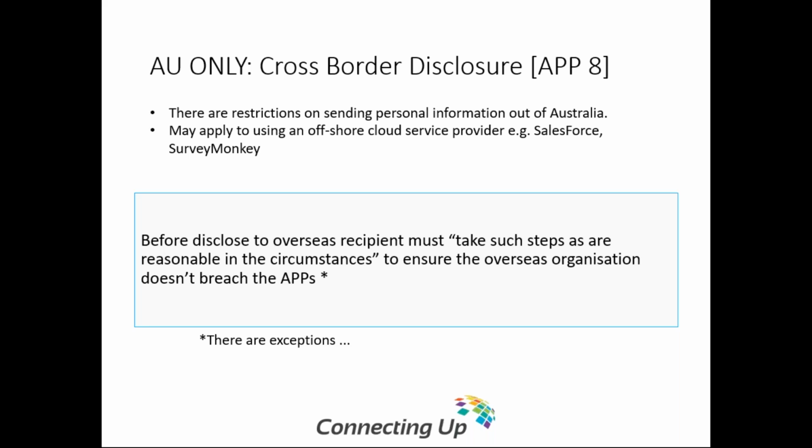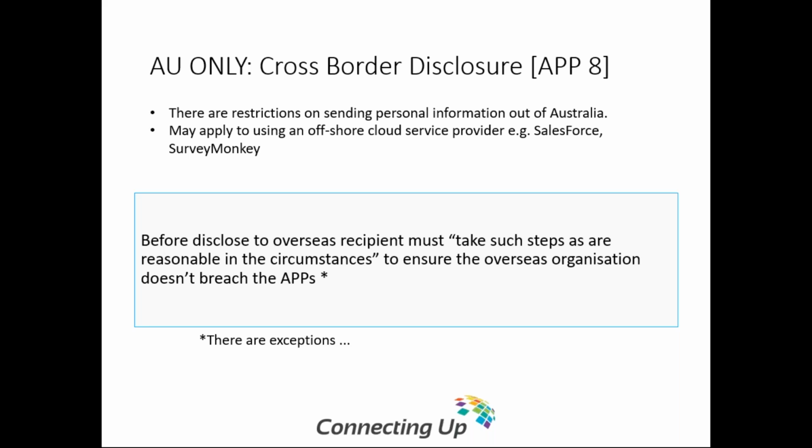Generally, there are restrictions on disclosing personal information outside of Australia, and generally the rule is that you have to ensure that the overseas organisation doesn't breach the APPs or complies with laws that are substantially the same as the Australian Privacy Principles. So you can't send the data outside of Australia unless you've done that.